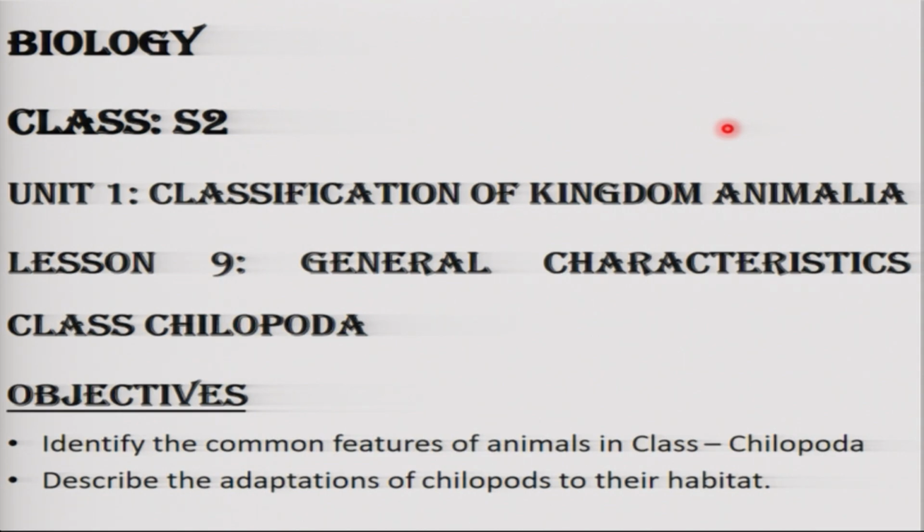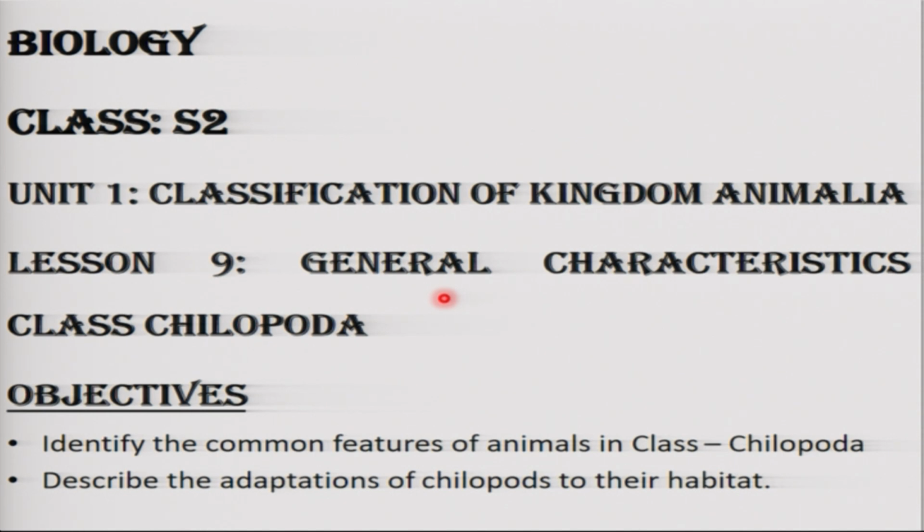So today, as you can see on the screen, we are going to put our emphasis on lesson 9, general characteristics of class Chilopoda, right? As we have been looking at the invertebrates, those animals that belong to kingdom Animalia but don't have vertebrae, we said they are grouped into 5 classes.